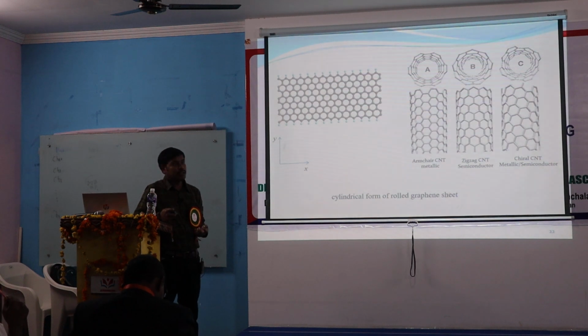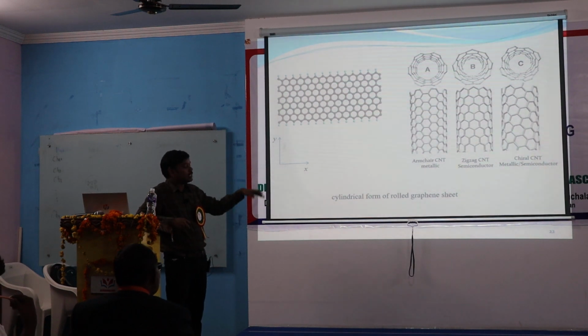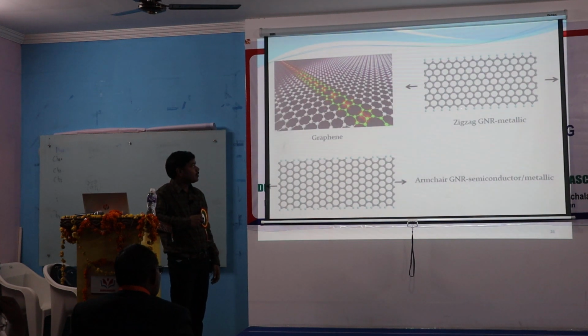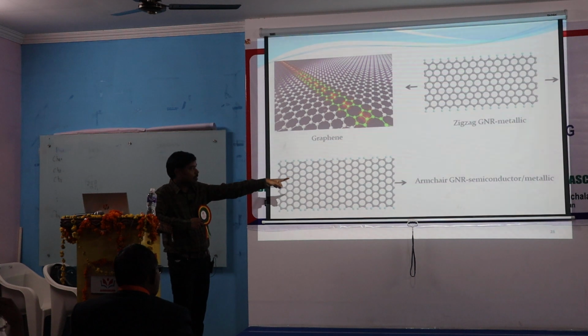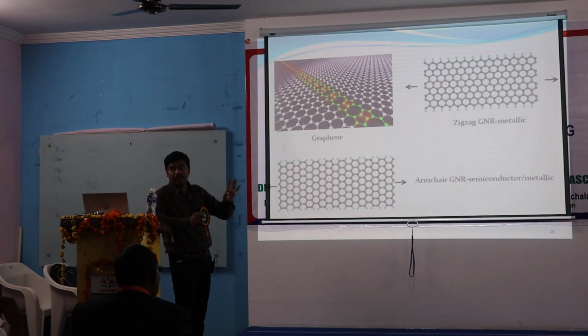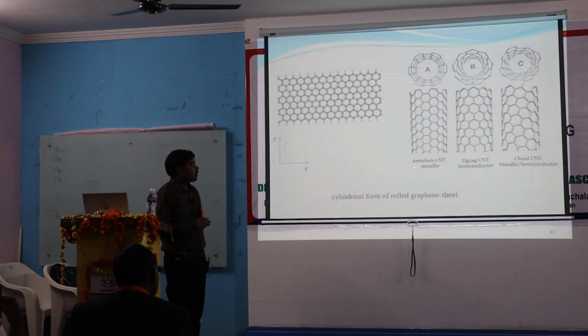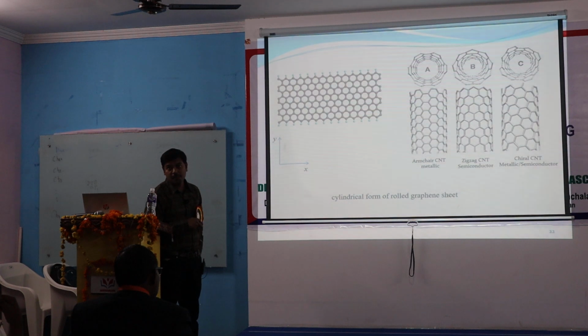I know what is zigzag GNR, I know what is armchair GNR, this point I understood, because that cross section is zigzag and this cross section is armchair. But this one I didn't get: what is armchair CNT, what is zigzag CNT, and what is chiral CNT?